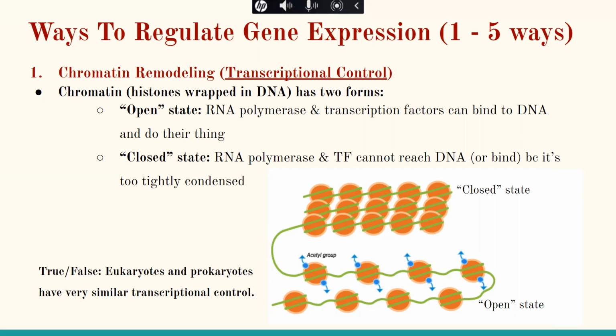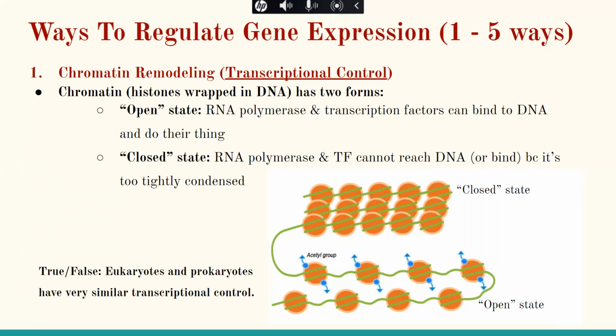If the cell wants a channel protein, it'll go to where the gene for that channel protein is located on the DNA, and it'll decondense it so that transcription factors and the RNA polymerase can bind to that site and make the mRNA for that protein that it needs. So one of the first levels of regulation is just condensing or loosening the part of the DNA that it needs opened.